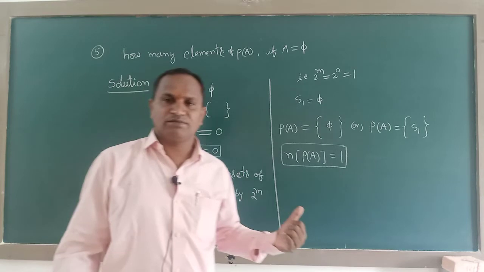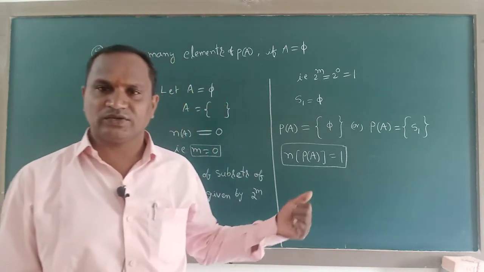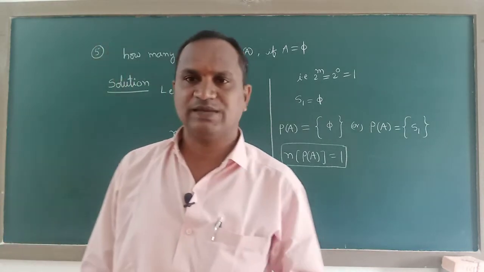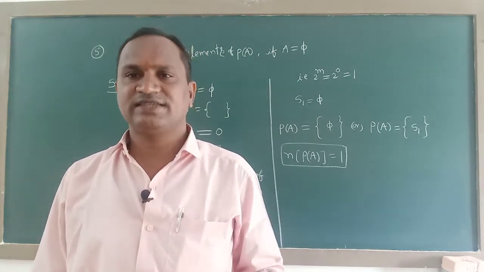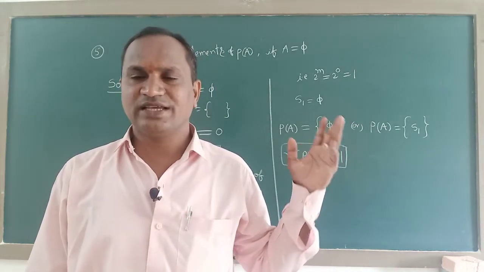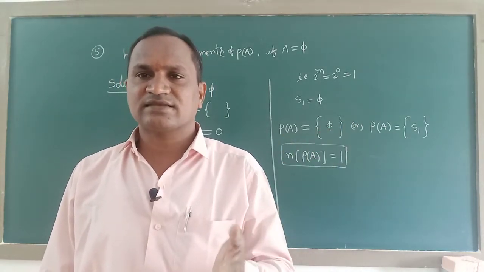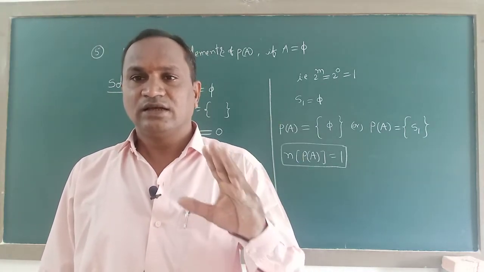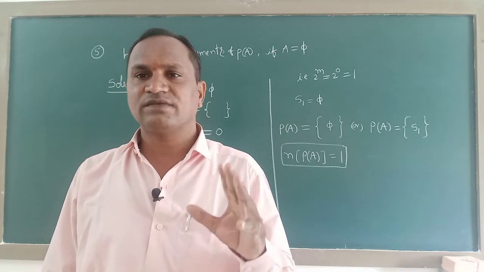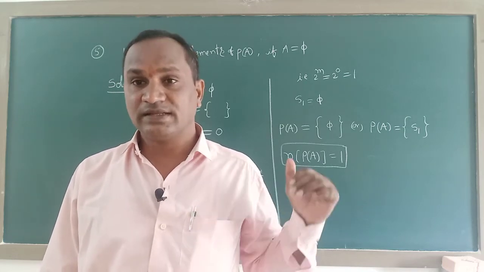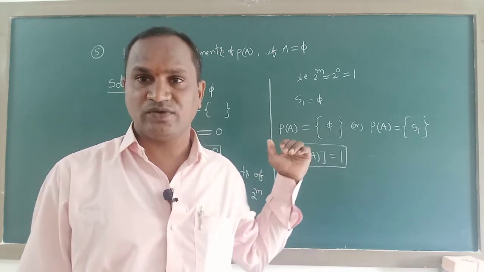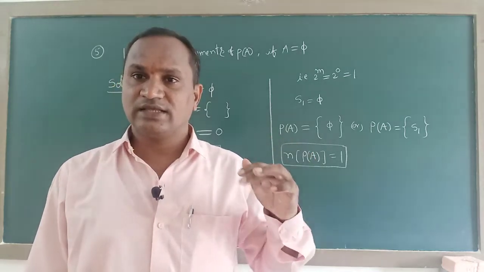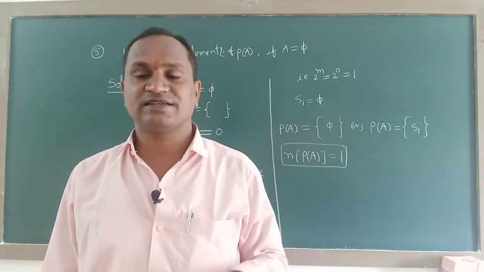Before this I told one question, and that question and this question are the same, but one thing is changing. In that question, they did not ask the number of elements in the power set. They simply asked only for the subsets of the given set. But in this question, they are asking the number of elements in the power set.